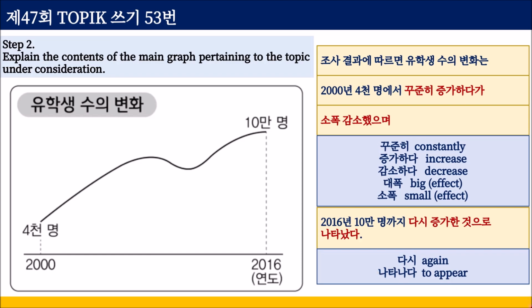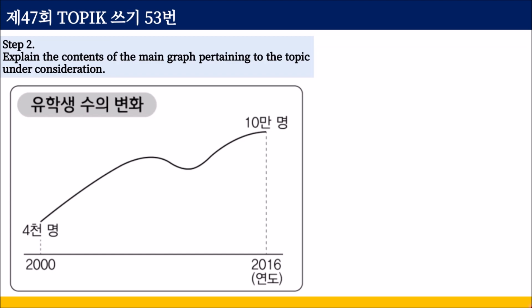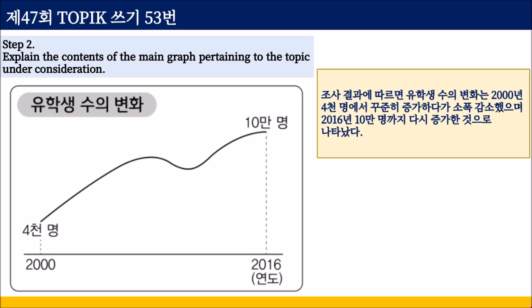Let's now combine all of these phrases to construct the interpretation of the main graph. 조사 결과에 따르면 유학생 수의 변화는 2000년 4,000명에서 꾸준히 증가하다가 소폭 감소했으며 2016년 10만 명까지 다시 증가한 것으로 나타났다.